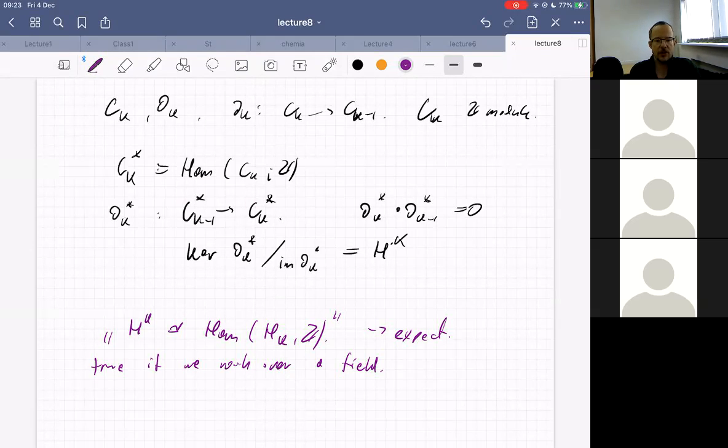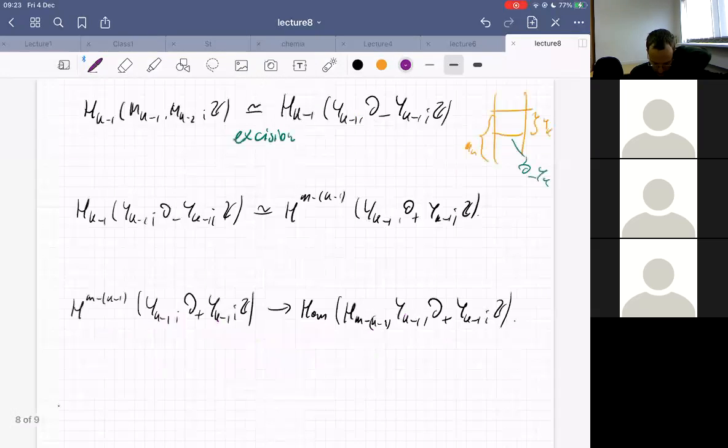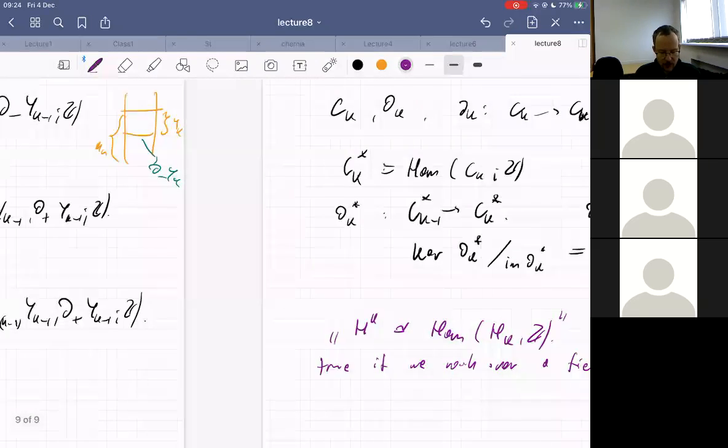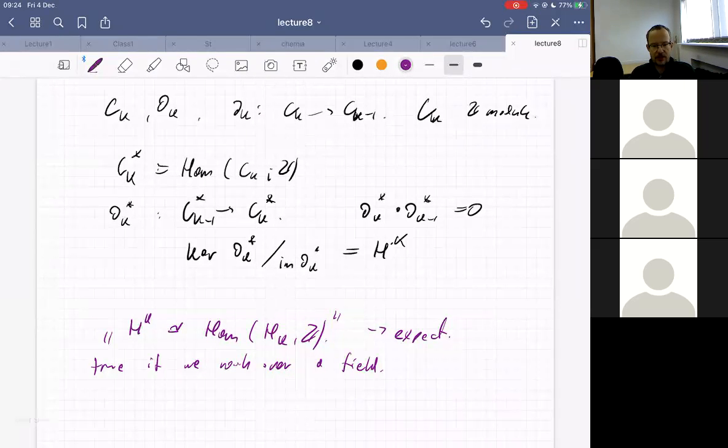So normally you don't get an isomorphism, but if you work over a field, you get an isomorphism. If you work over Z, you get a map.